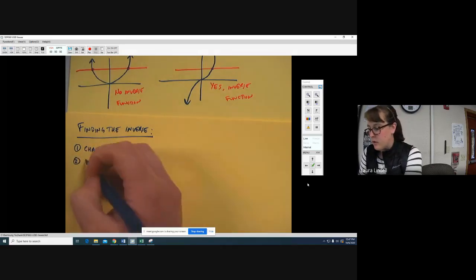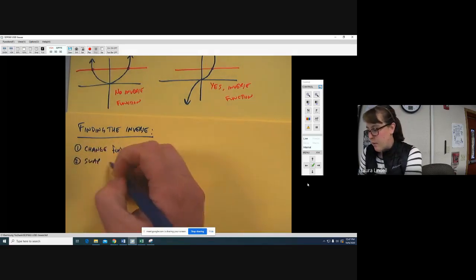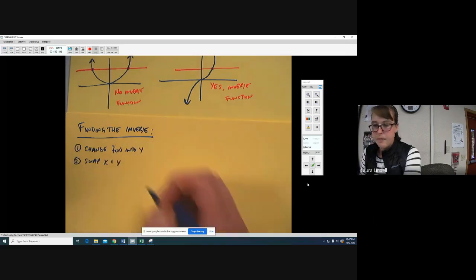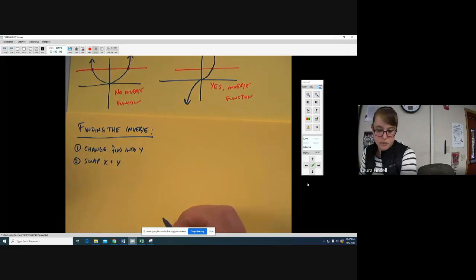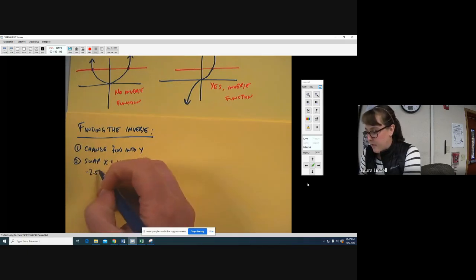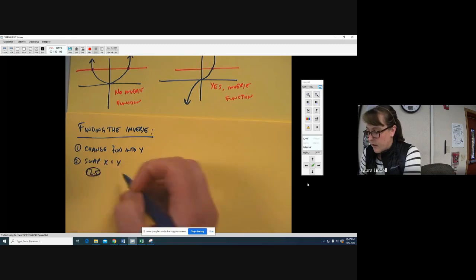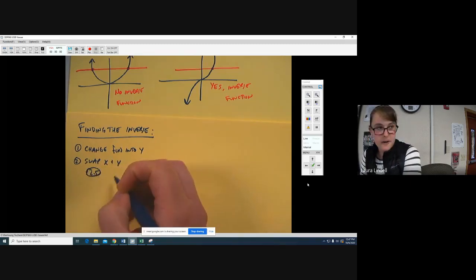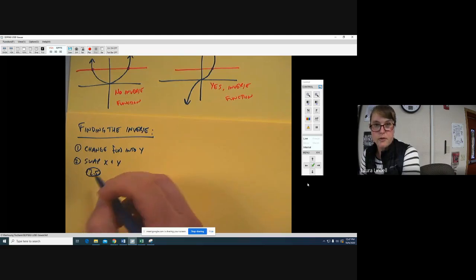Step 2, swap x and y. So we're going to have them trade places completely. Okay. And then there's kind of a step 2.5 here. Step 2.5 is to find your new domain restriction before you start solving.